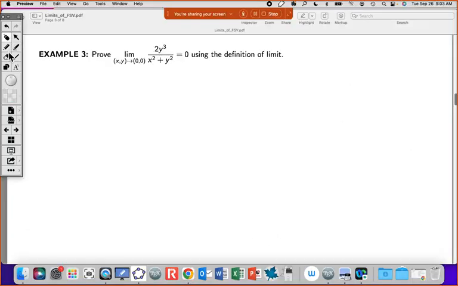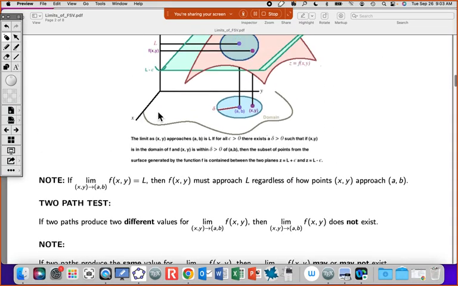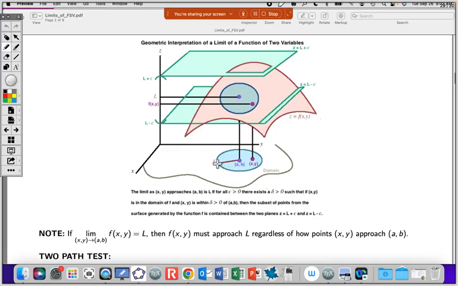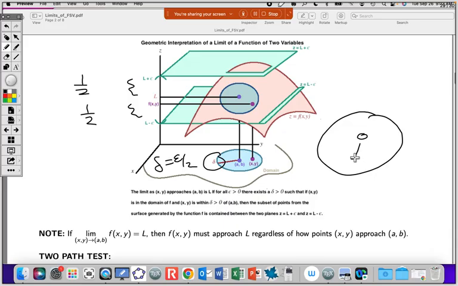So if you go back to this picture, because I'm not going to attempt to sketch this. So what we've shown is that our delta here is epsilon over 2. So if you wanted to be within half a unit on the z-axis, then you would set up your disk about the origin to be a quarter unit.